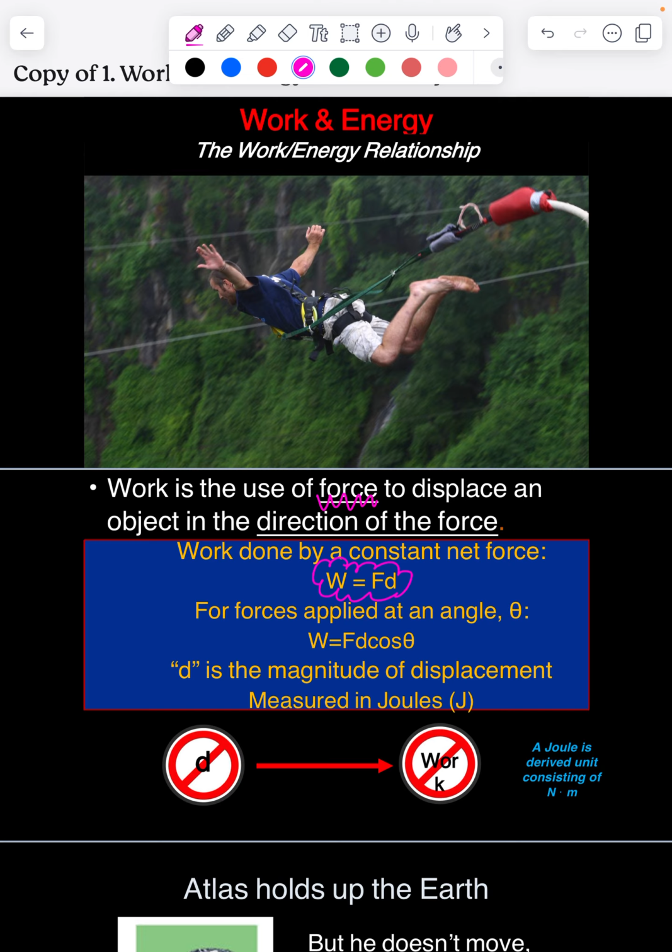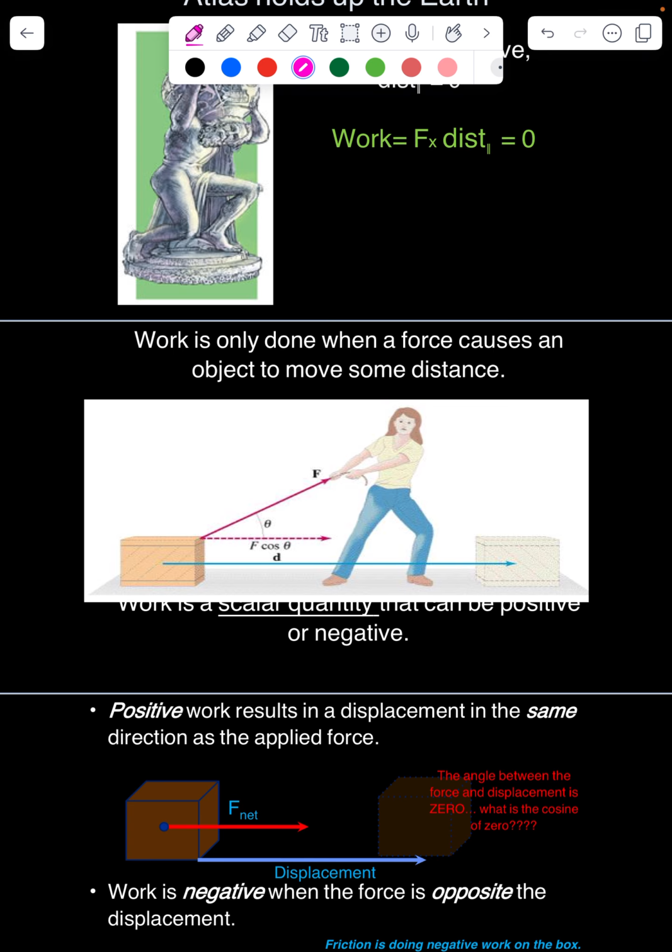Easy peasy. All right, now whenever we are applying these forces, some of these forces can be applied at an angle. We saw that whenever we were in our forces unit. So if we are looking at a force that is being applied at an angle, we're not worried about that force in particular. We are looking for the component of that force that is going in the same direction as the motion of the object.